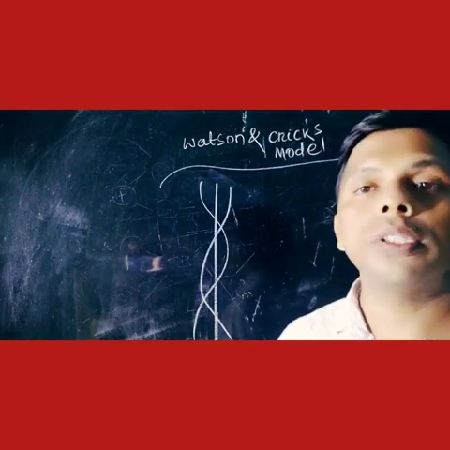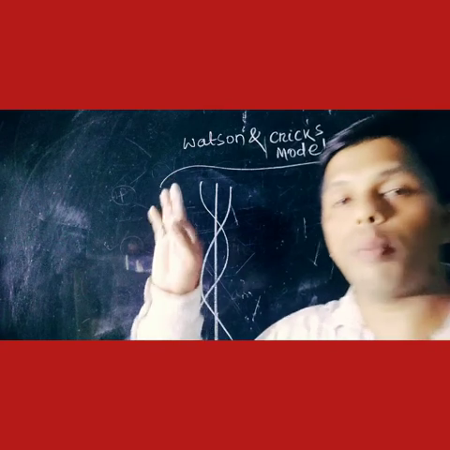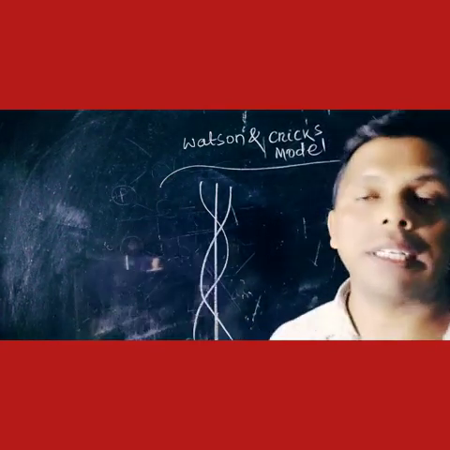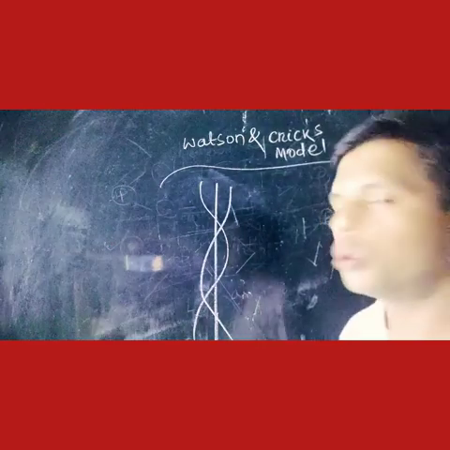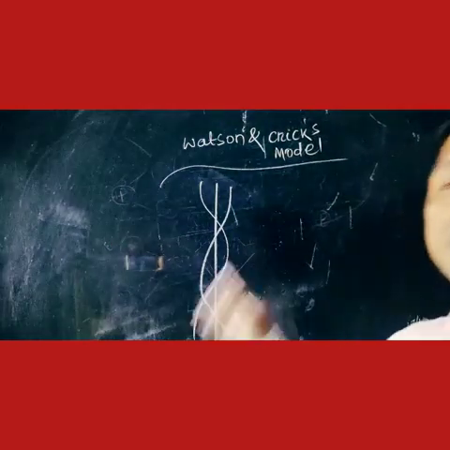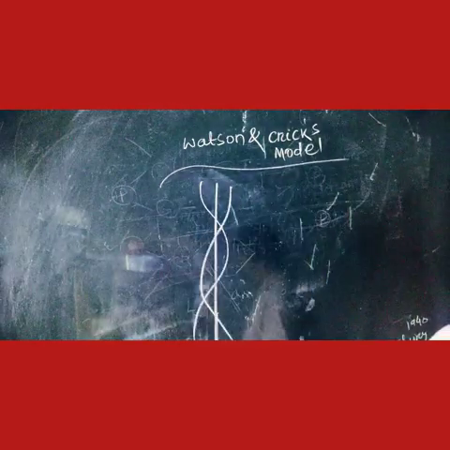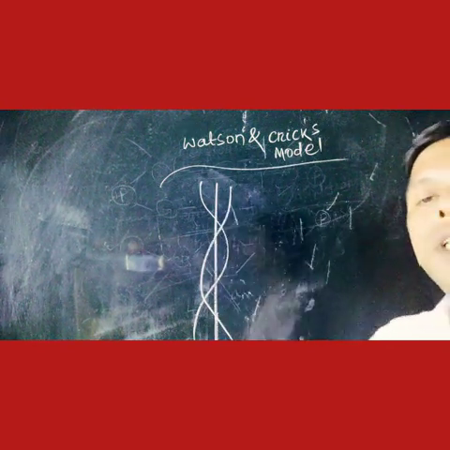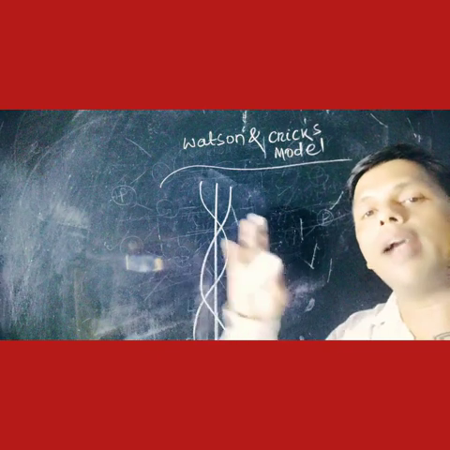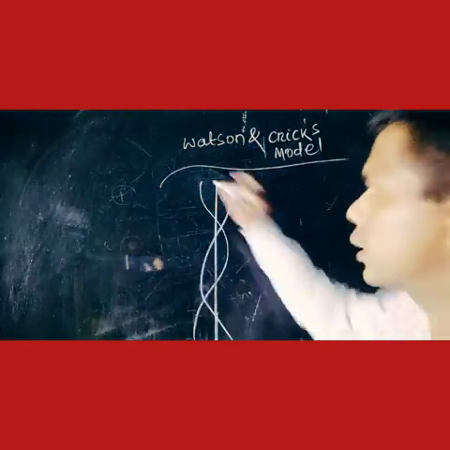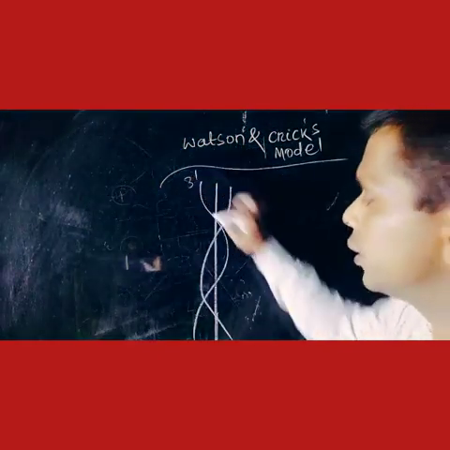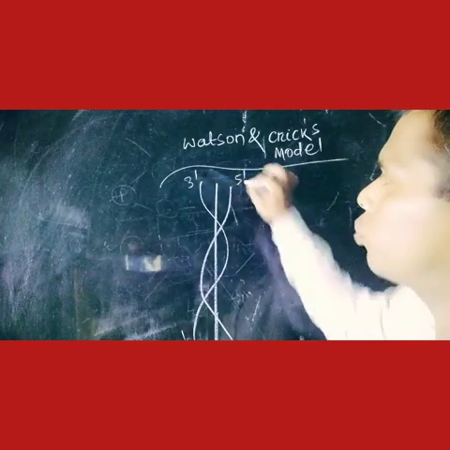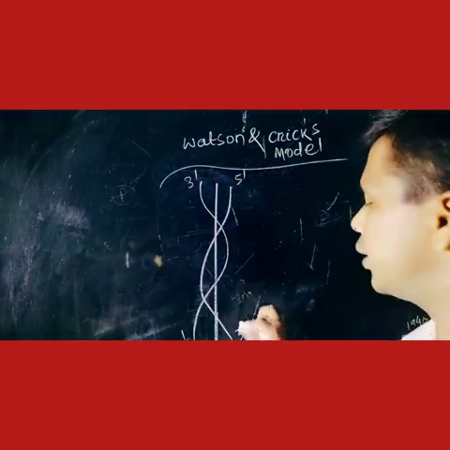Then let's analyze the double helical structure proposed by Watson and Crick. According to the model suggested by Watson and Crick, the double helical DNA consists of two strands. These two strands run anti-parallel to each other. That means one strand has 3' OH and 5' phosphate, and in the other strand it is 5' phosphate and 3' OH.